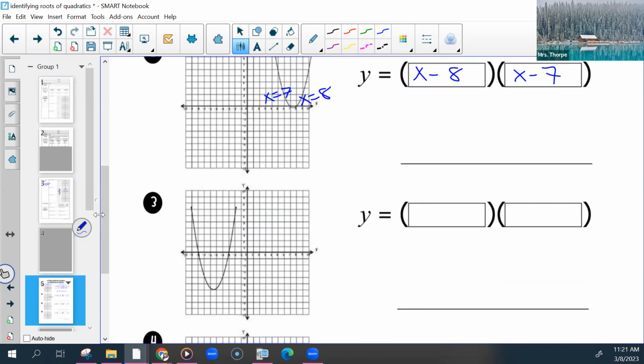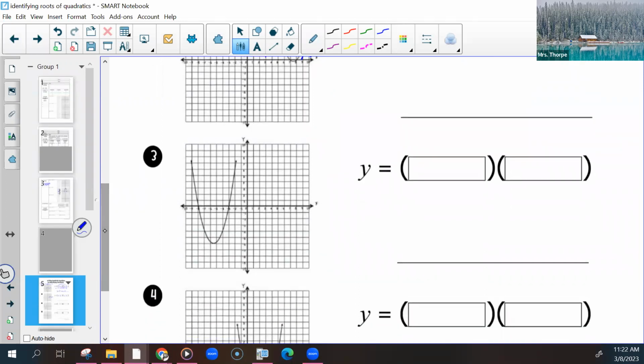What are the zeros for 3? Where does it cross the x-axis? -3 and -8.